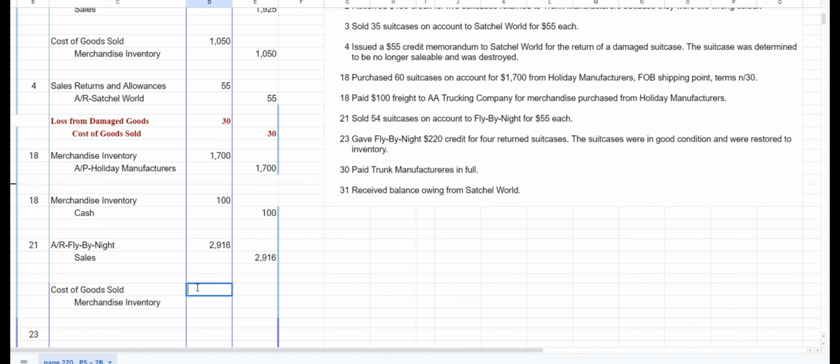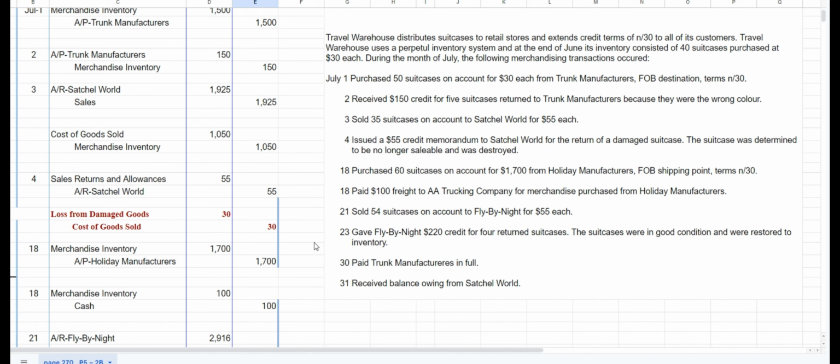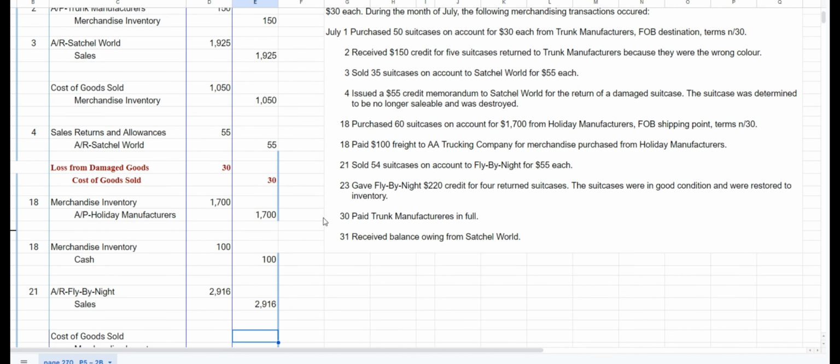Now, in the question it says each suitcase is worth $30, and on July 1st, you bought another one for $30 each. But then if you look at July 18, you purchased 60 suitcases on account for $1,700. So if you do 1,700 divided by 60, each suitcase costs $28.3.